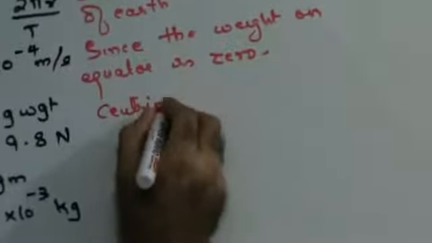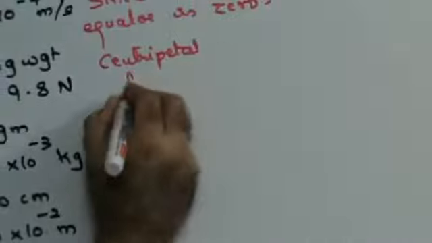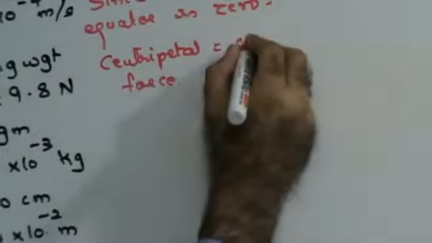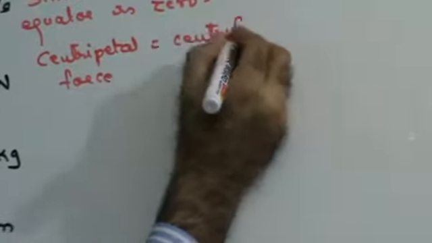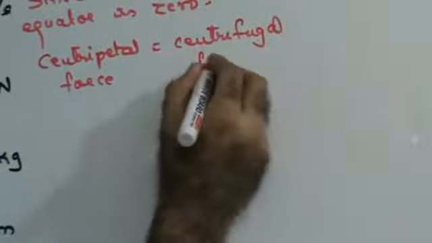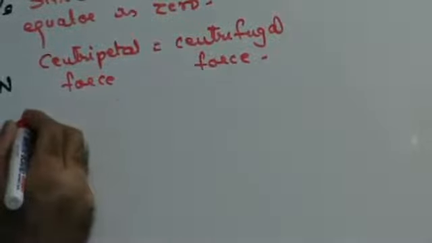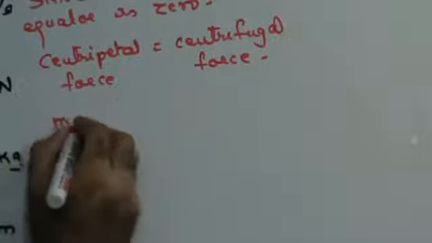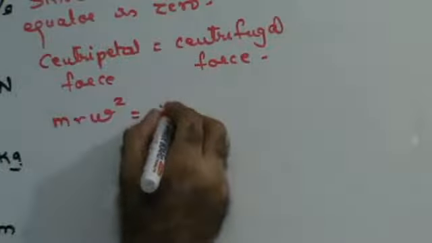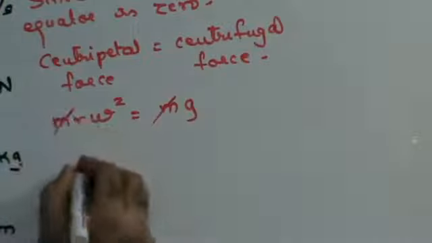Centripetal force should be equal to centrifugal force. Centripetal force is nothing but m r omega square, centrifugal force is m g.